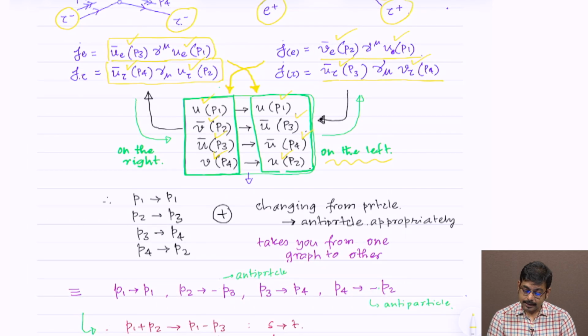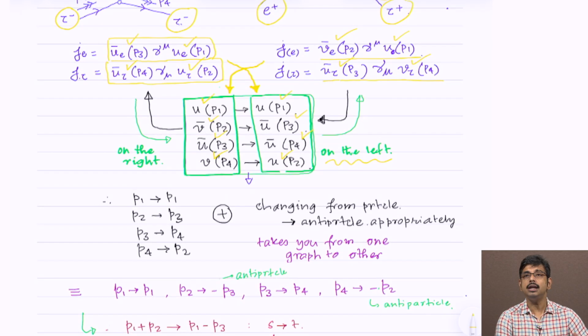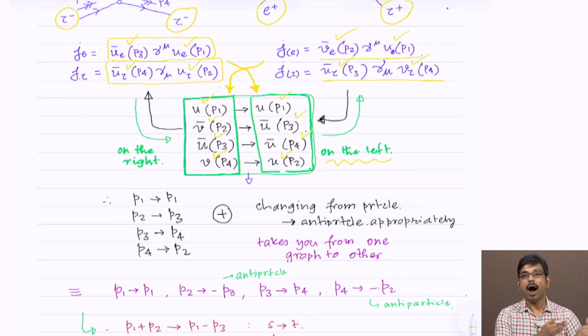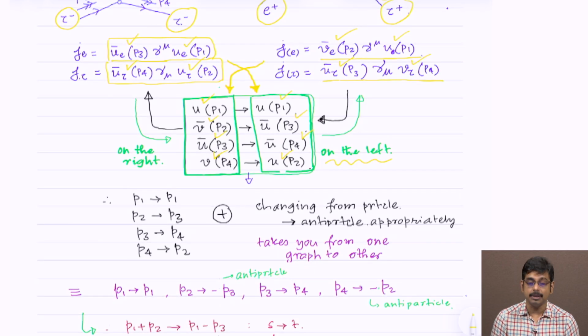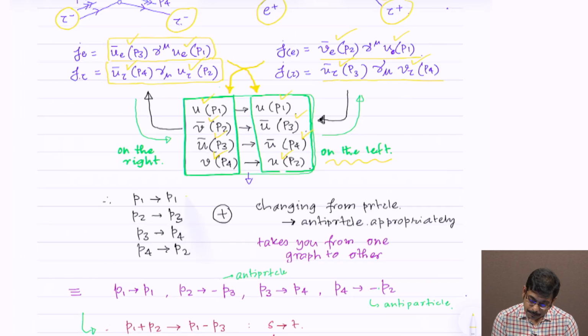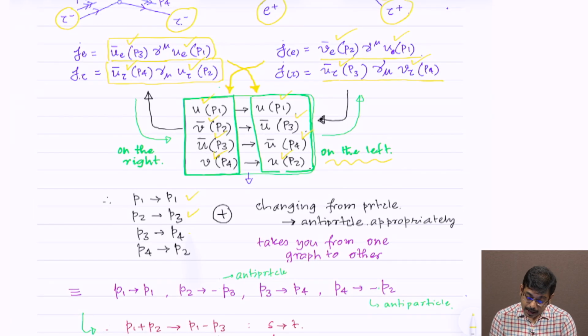So therefore, you can say that you can go from one amplitude to the other by the following replacement. You replace P1 by P1, you replace P2 by P3, you replace P3 by P4, and you replace P4 by P2, but this is not enough.